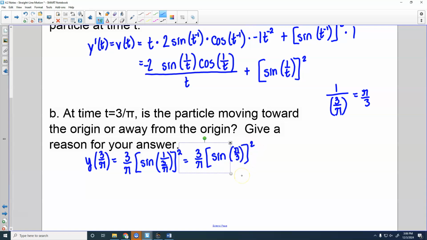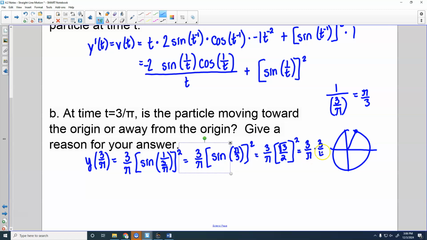What is sine of pi over 3? Unit circle. Okay, it's root 3 over 2. So I've got 3 over pi, and then I've got root 3 over 2 squared. Which, if I want to keep going, is going to give me 3 over pi times 3 over 4, which will give me 9 over 4 pi.